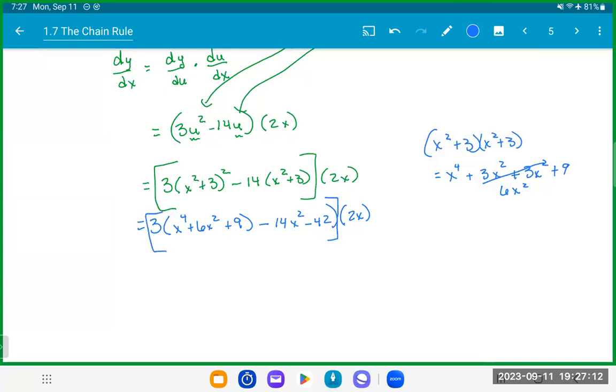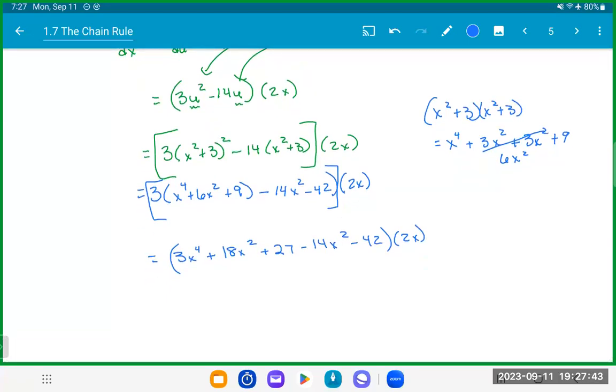So when we multiply that all out, we end up getting 3x to the 4 plus 18x squared plus 27 minus 14x squared minus 42, all of that times 2x. Okay.